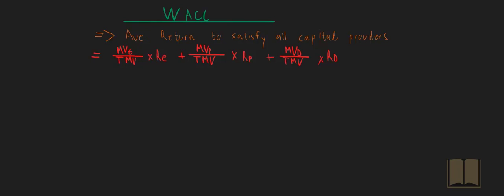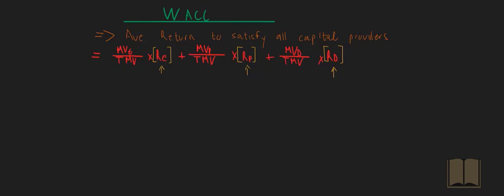So the calculation of WACC involves the return required by each type of source of financing. So it's the return required by your ordinary shareholders, the return required by your preference shareholders, and the return required by your debt providers.